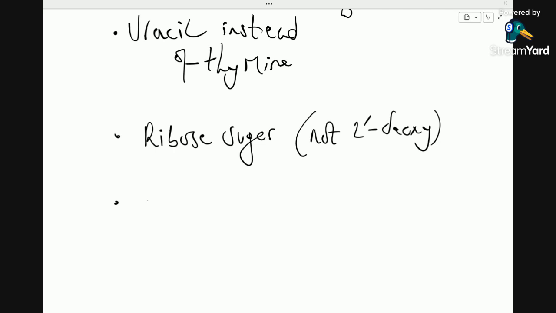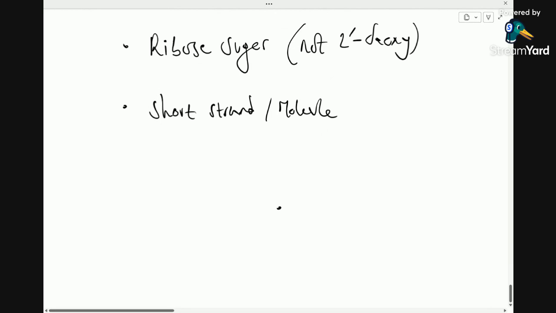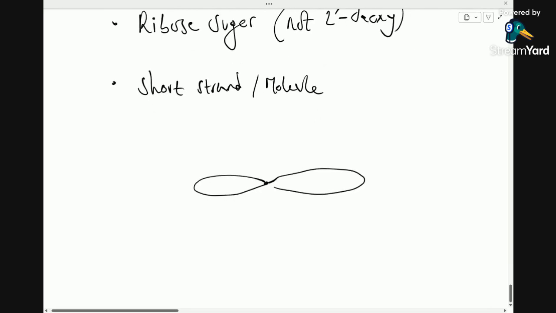And finally, it is a short strand or molecule because instead of DNA, where we replicate the entire chromosome, so if this was a chromosome, when we do DNA synthesis, we replicate the whole thing, and DNA contains loads of genes. I'm just drawing 3 on each side for now, but there'll be loads.